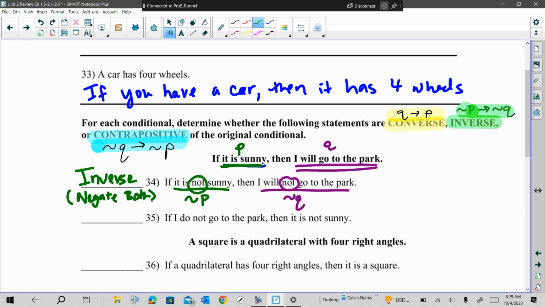Now when I read 35 here, it says if you do not go to the park, if I do not go to the park, that's not Q. Then it's not sunny, that's not P. So what if I have not, but also I switch it? Yeah, that's contrapositive.